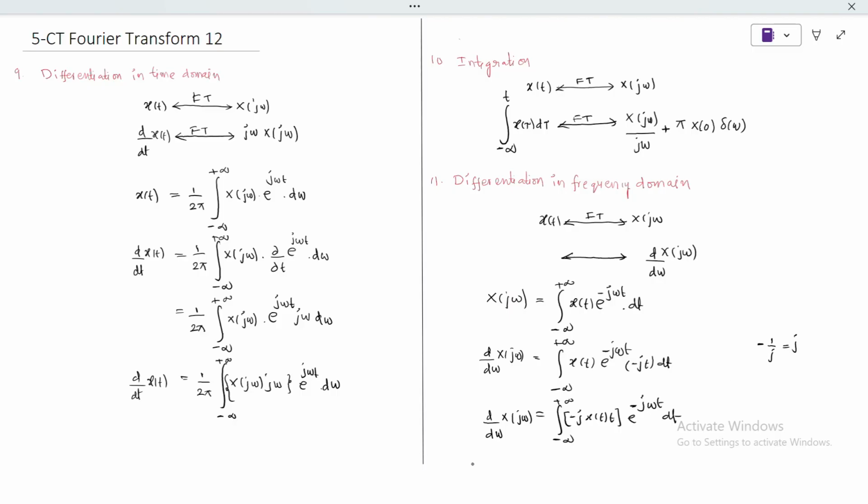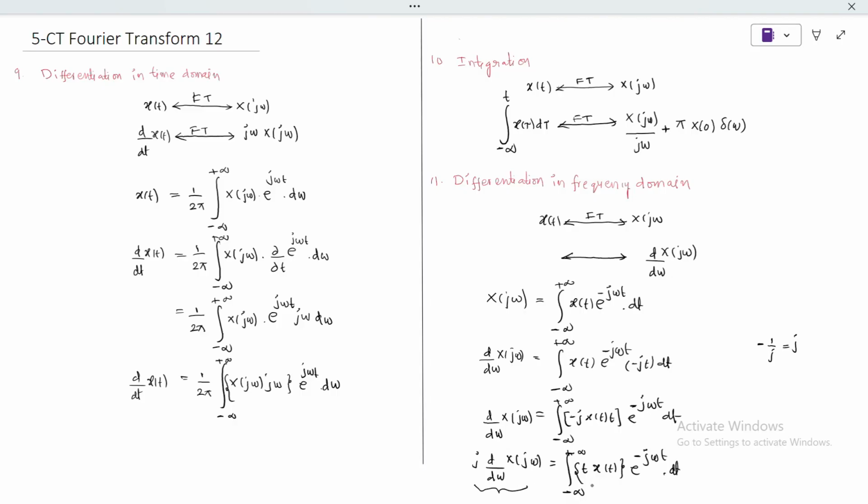So 1 minus 1 by j is nothing but j. So j into d by d omega X of j omega equals the integral from minus infinity to plus infinity of t into x of t into e power minus j omega t dt.